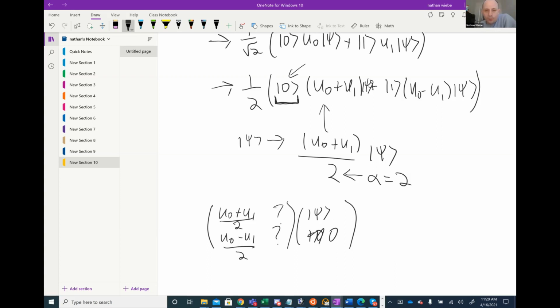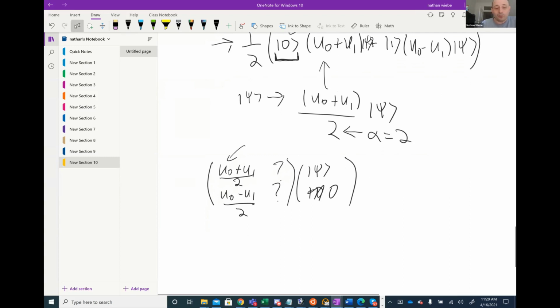Okay, so that is basically the resulting block encoded matrix, and this over here is the block encoding. And in general, we refer to these as an alpha, k, epsilon block encoding.